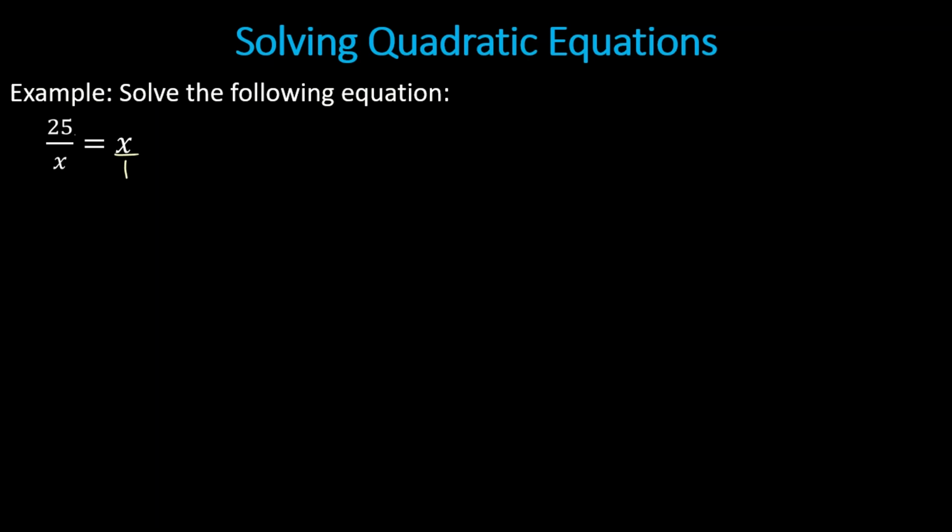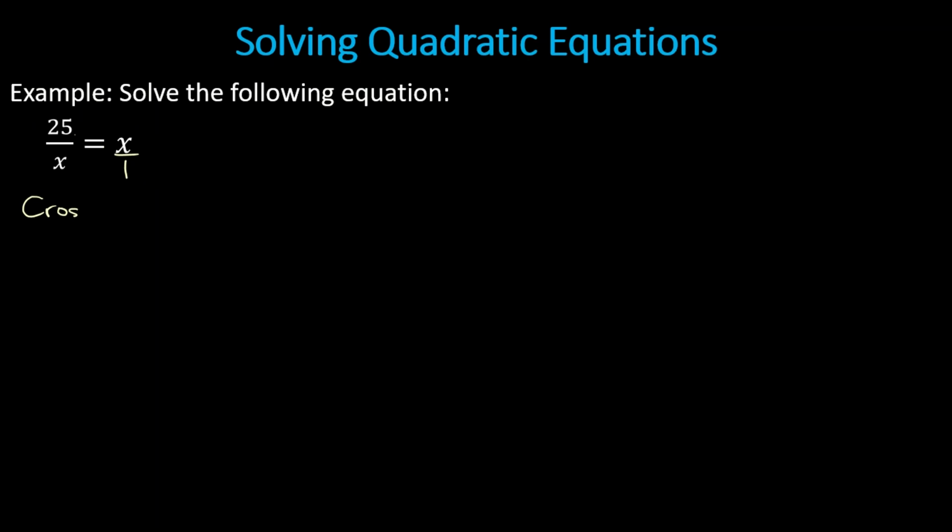It's the same thing because x over 1 is simply x. Now we are in a situation in which we have only one fraction on the left and only one fraction on the right. So now we can use cross multiplication again, right?